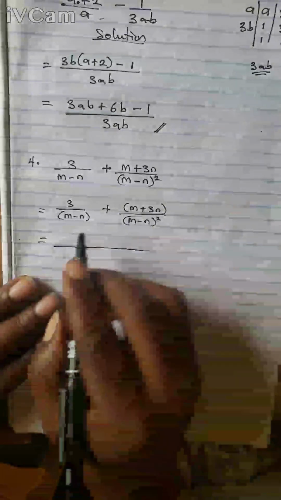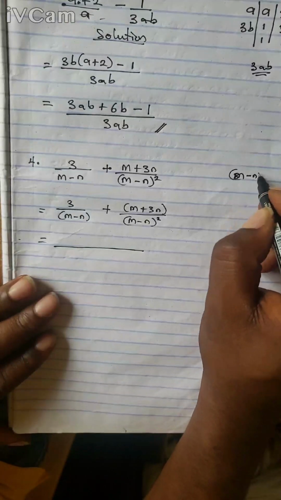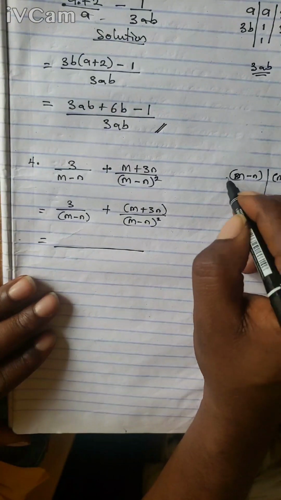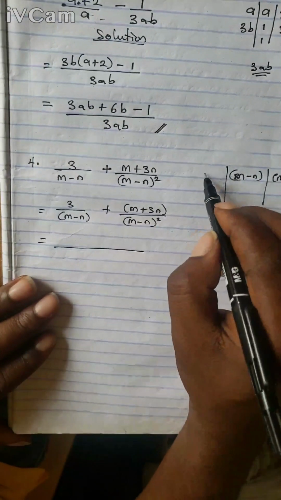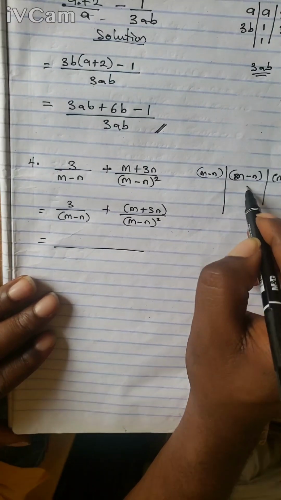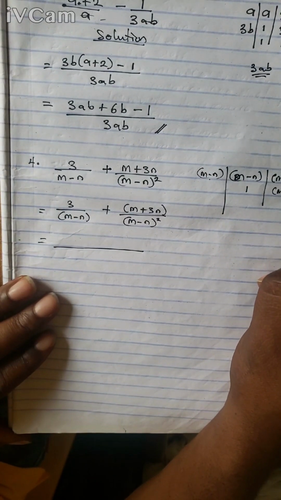If you go with the first one, m − n, this will give you 1. One of these will go with one of these, so you have m − n remaining.